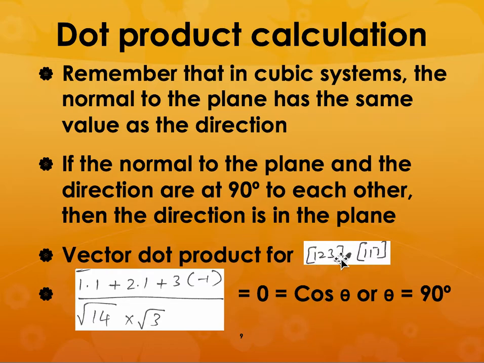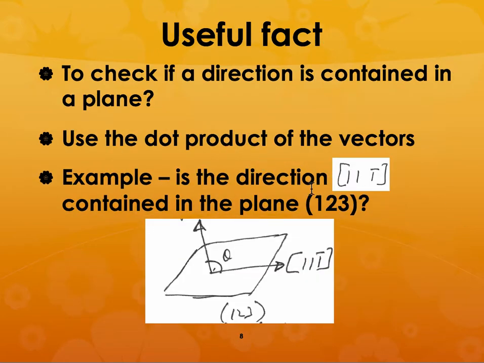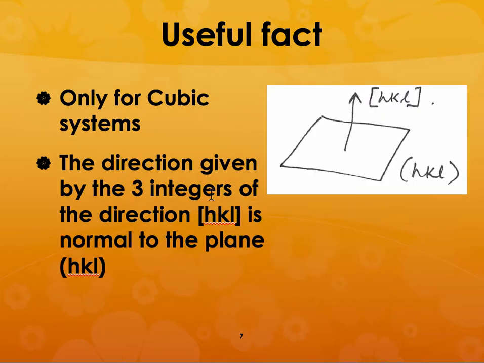the two vectors are at 90 degrees to each other, and you know that HKL is normal to the plane HKL.